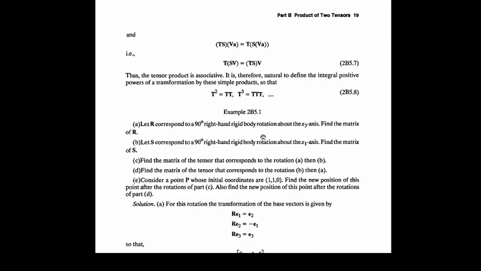As it is written in the example, the first term of RE2 is minus sine theta E1, plus E2 times the cosine of the angle between E2 dash and E2, which is theta, so cosine theta, plus E3 times the cosine of the angle between E2 dash and E3, this is again 90, so cosine 90 is 0. So we have RE2 equals minus sine theta E1 plus cosine theta E2. And as we are taking the rotation about the x3 axis, which is fixed, RE3 is equal to E3, it will not change.